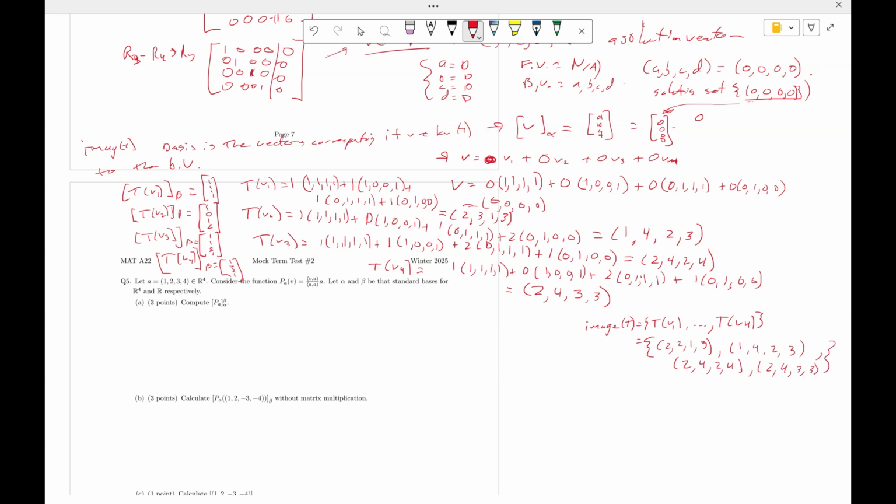And yes, in this case, because the image of T has 4 basis vectors, it's dimension 4, you could use the standard basis. And yes, because the kernel was all zero vectors, the answer is going to be 0.